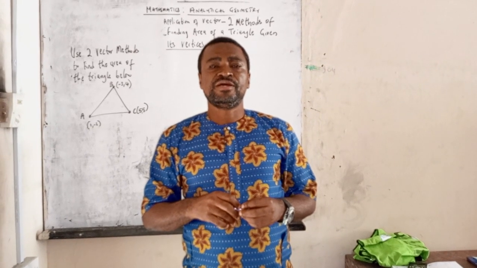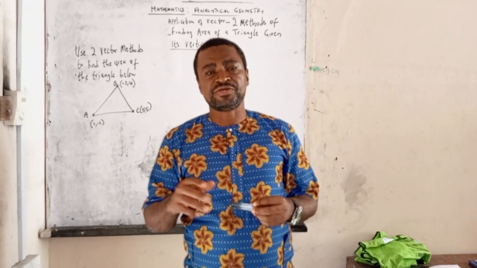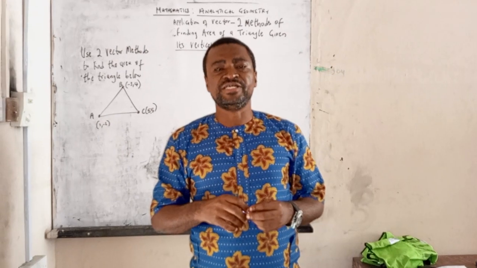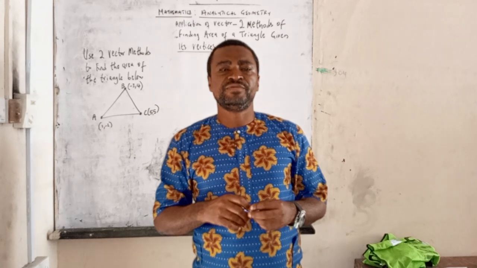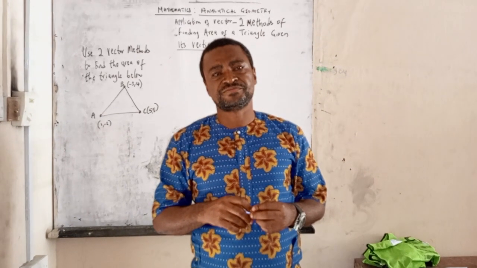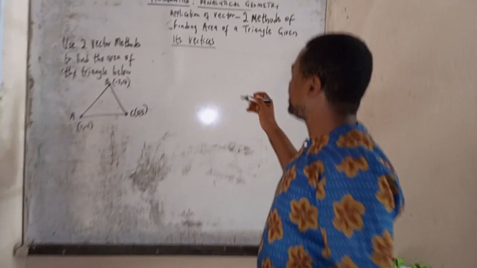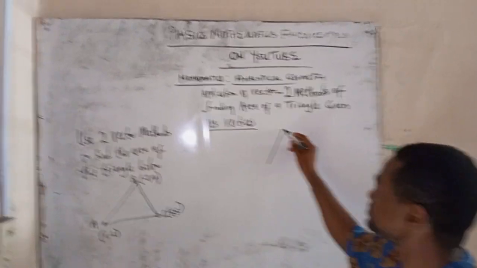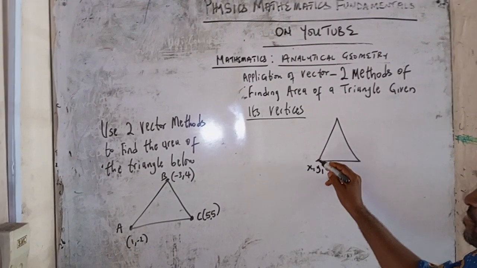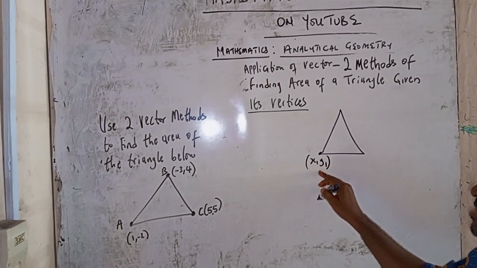So today, the application of vector we are going to take is on two methods of finding the area of a triangle given the vertices of the triangle. Consider this particular triangle and we are given vertex x1, y1, the coordinates of the vertices.